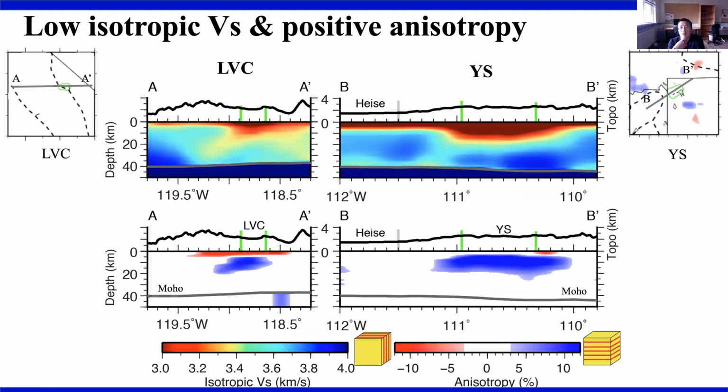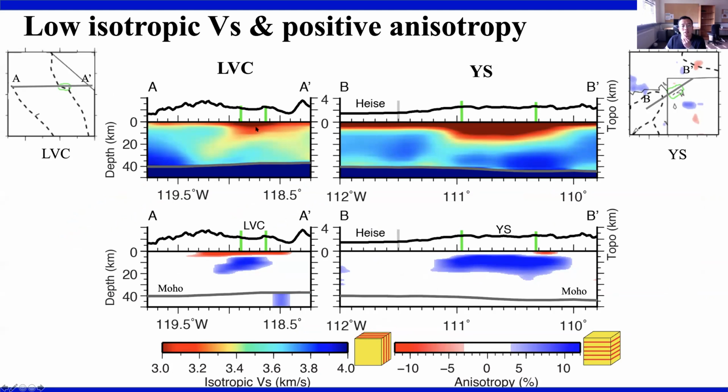So without further complication, I will just show you the results in cross sections. Long Valley Caldera is shown in one cross section from west to east. Yellowstone, BB cross section, from southwest to northeast. The upper panel is the isotropic velocity, the lower panel is the anisotropic.